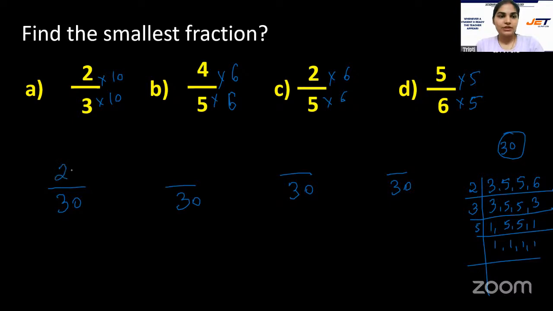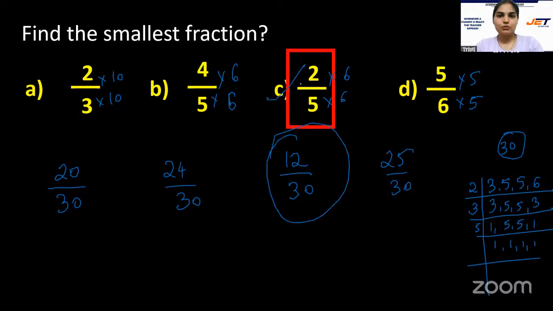So 2 times 10 is 20. 4 times 6, 24. 2 times 6, 12. 5 times 5, 25. So the smallest is this: 12 by 30, which means 2 by 5. It's that easy.